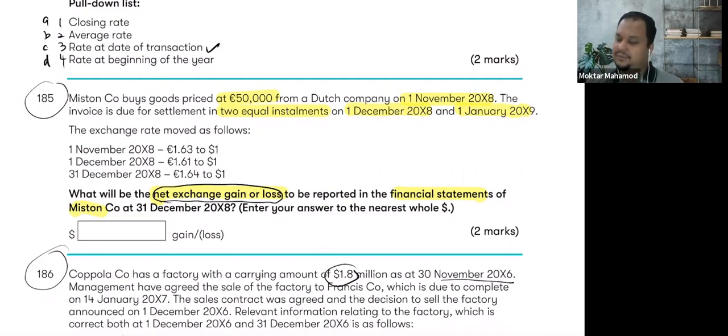Okay. So first, payable on 1st November year 8.